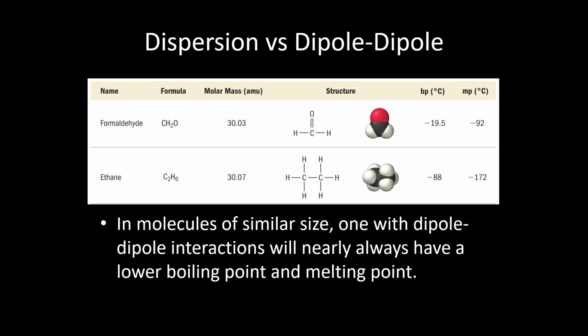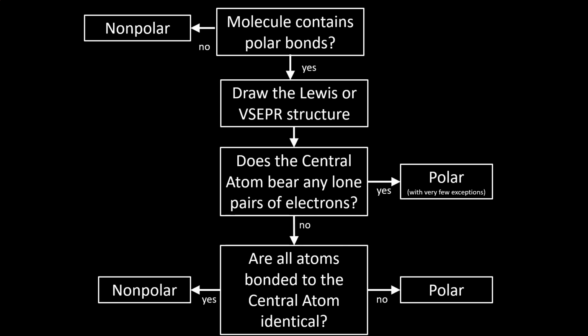So you will have to remember the cutoff between nonpolar and polar. That was if you have a difference greater than 0.4 between the electronegativities of the two atoms that are connected together. So 0.4 and less is nonpolar, greater than 0.4 is polar.